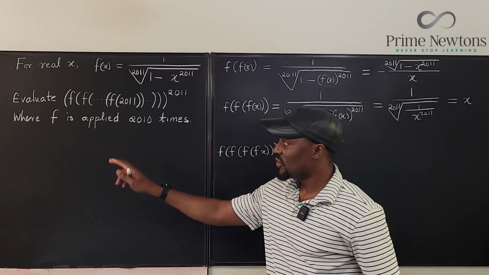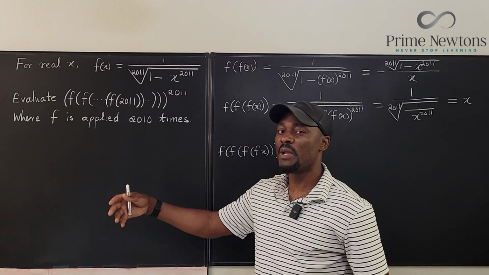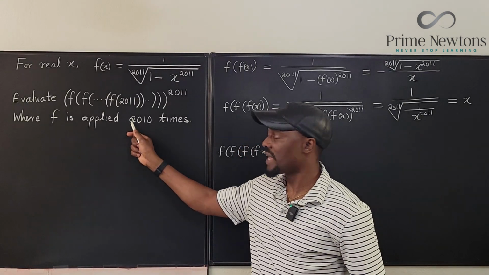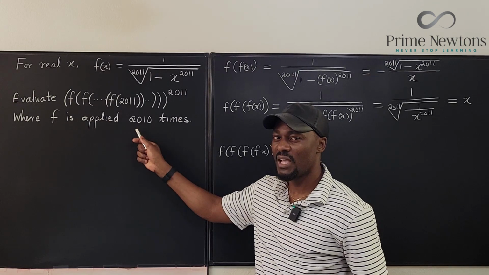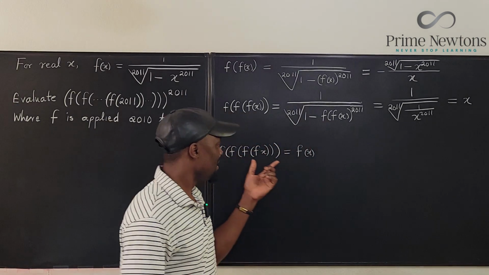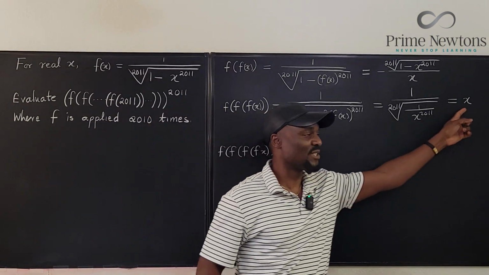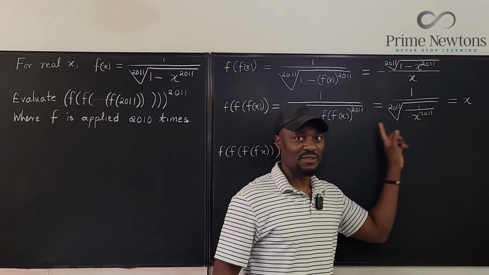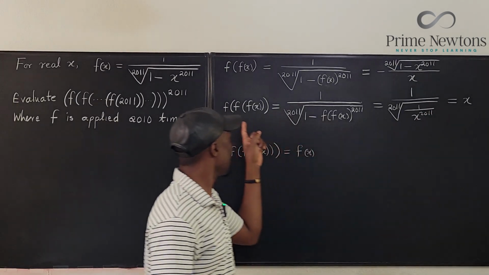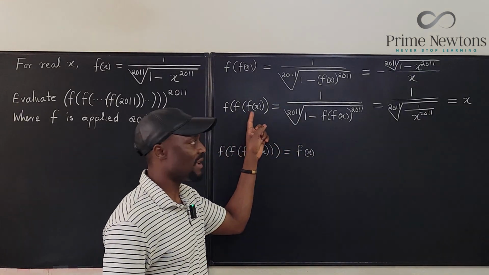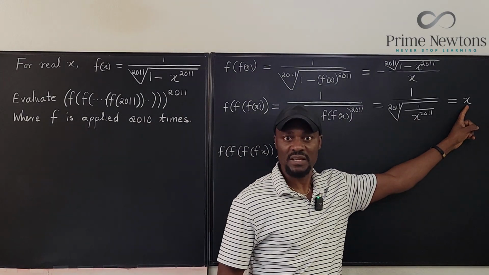So you go back to the question: how many times do they want me to do it? Well, they want me to do it 2010 times. This is the easiest one. Every 3 applications of f leads you back to just x.